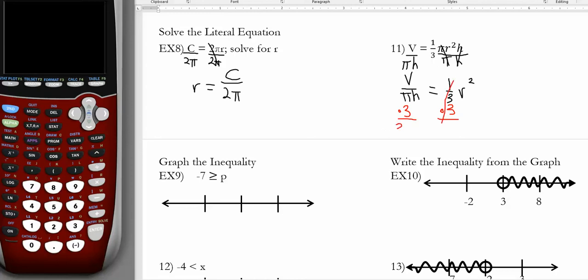So now we have 3v over pi h is r squared. And now we're to the last step. How do we undo squaring? Well, we simply square root both sides, leaving us with r equals the square root of the fraction in our next to last step.